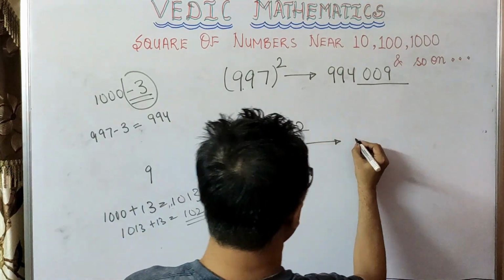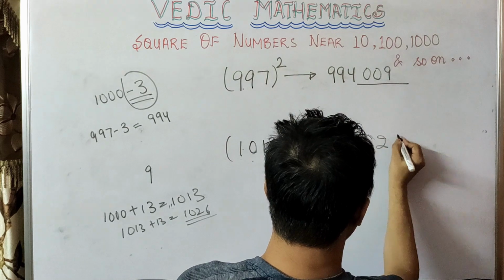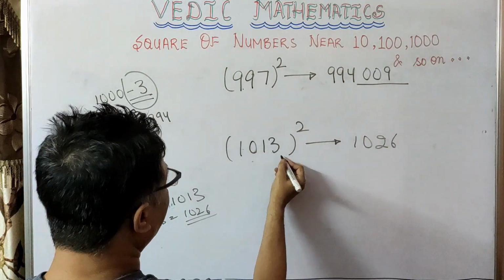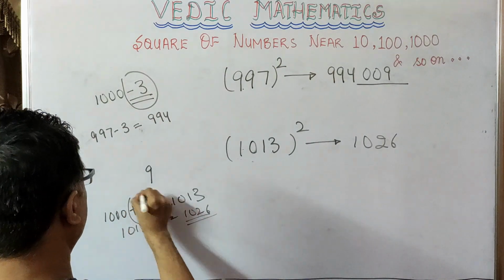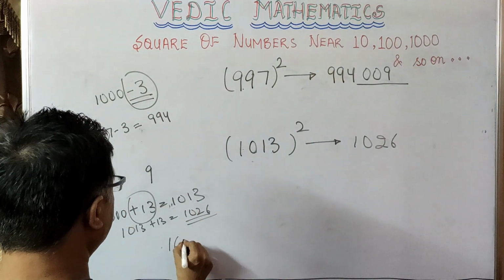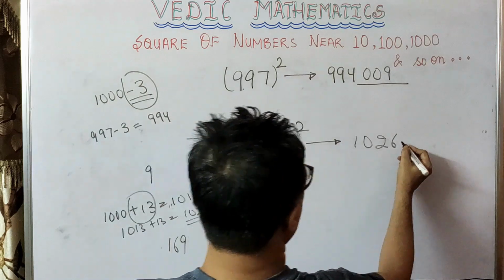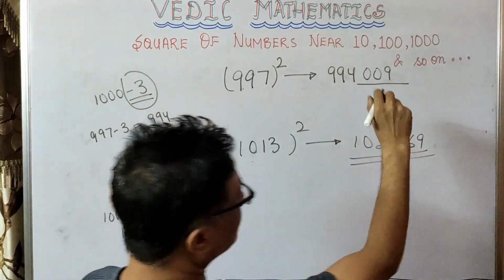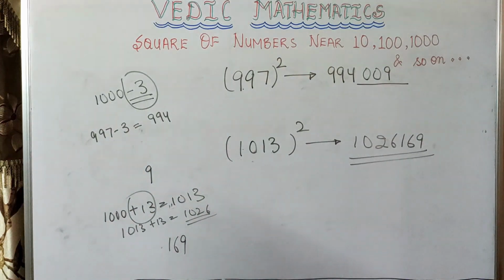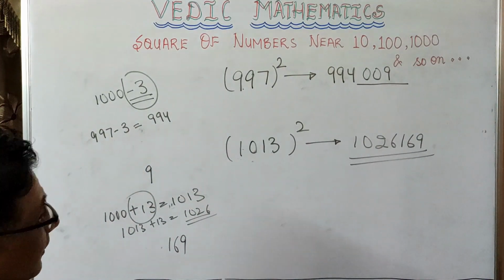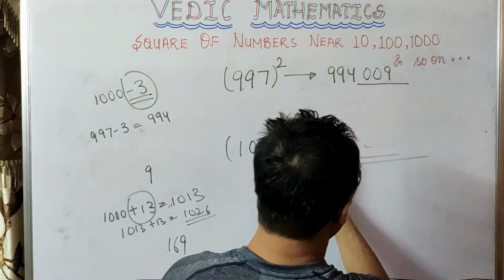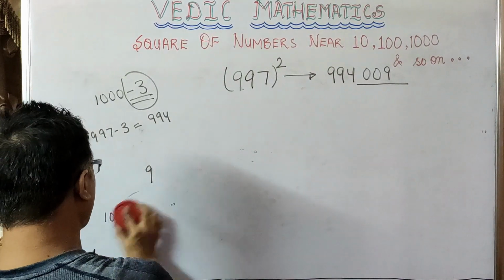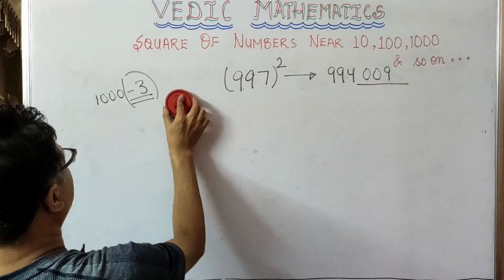So this is the first part of the answer. Then for the second part of the answer, we have the square of 13, which is 169. So this is 3 digits. We have your answer. So calculating using Vedic mathematics is really simple, quick and fast.